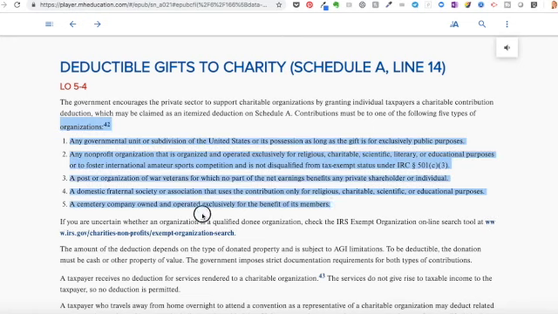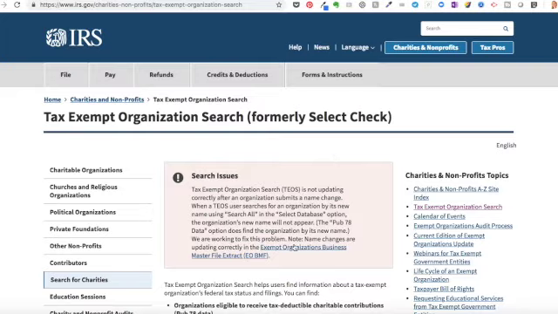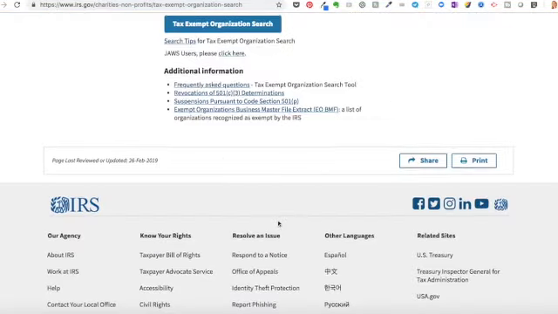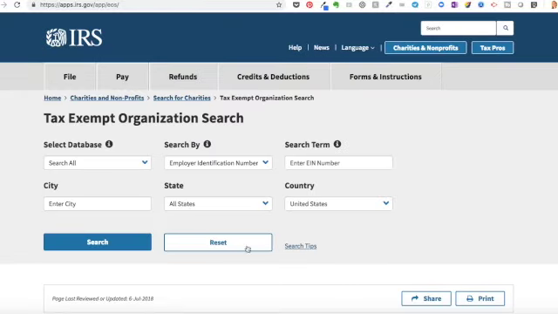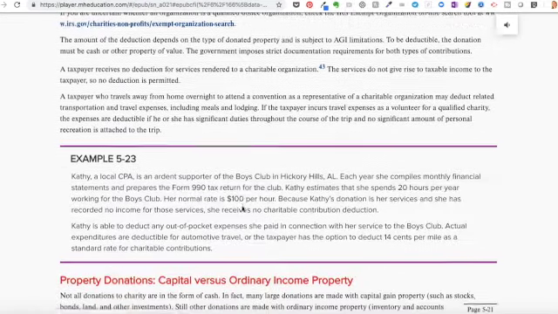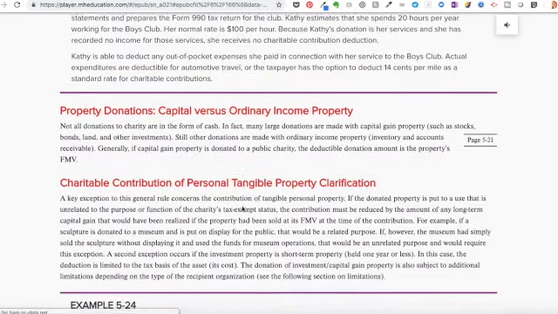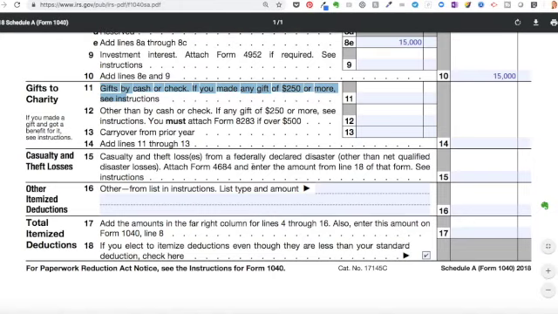They go through the technical criteria for them to qualify right here. And then this link brings you to a place where you can search, the tax exempt organization search. You can search the database here for a qualified organization to make sure. As long as the organization is qualified, then you can deduct contributions you made here.